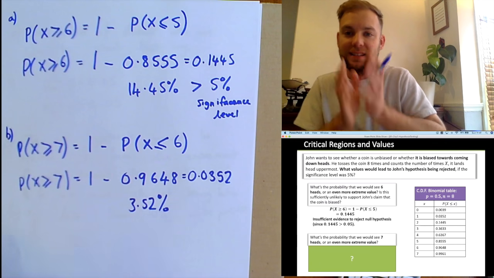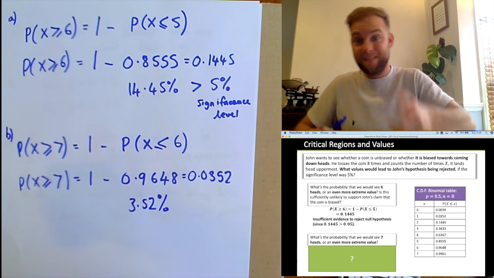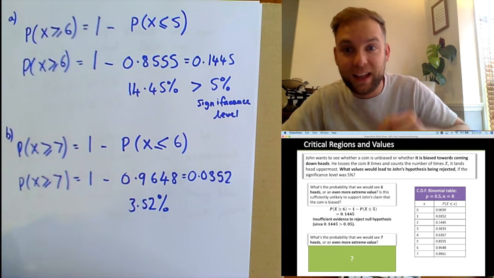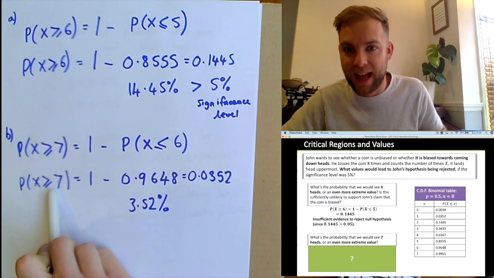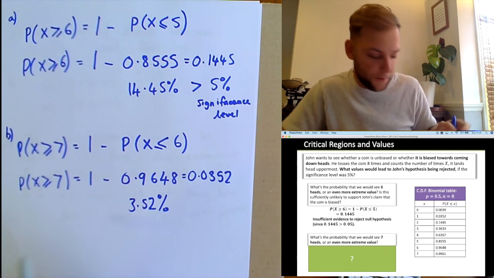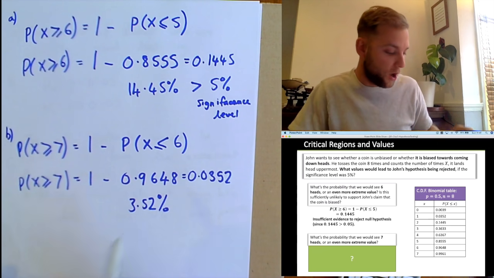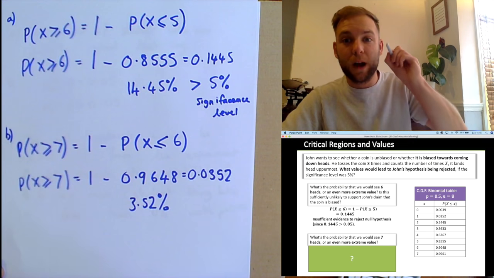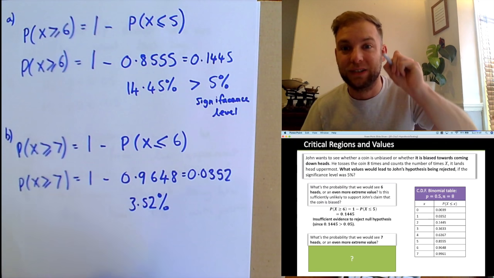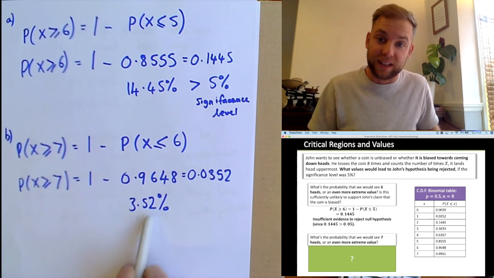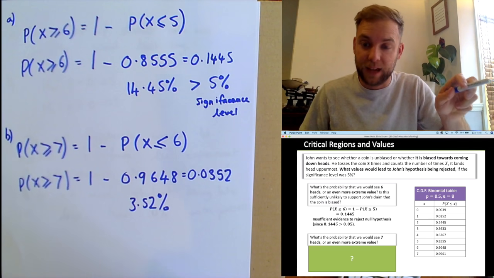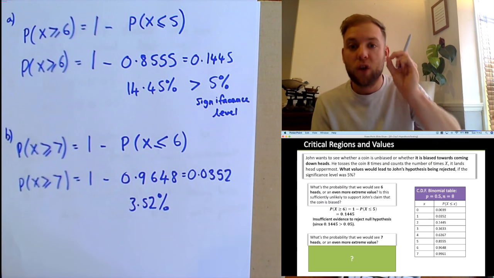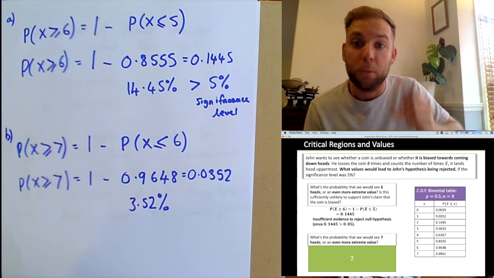If I was to flick a coin 8 times and I got 7 heads or more, could be 8, the chances of getting 7 or more heads is only 3.52%. So what I'm saying here is that the probability is so low, under the significance level, which is 5%. He set that as 5%. It's so low that this coin must be biased.